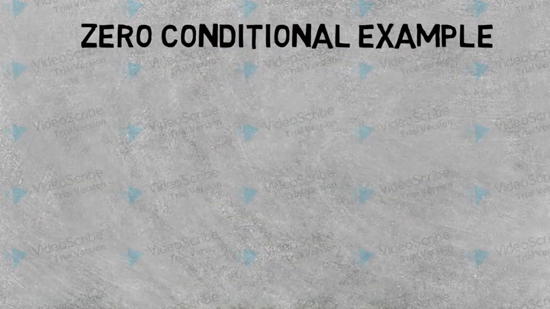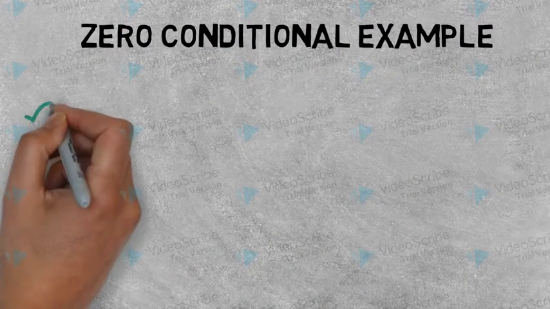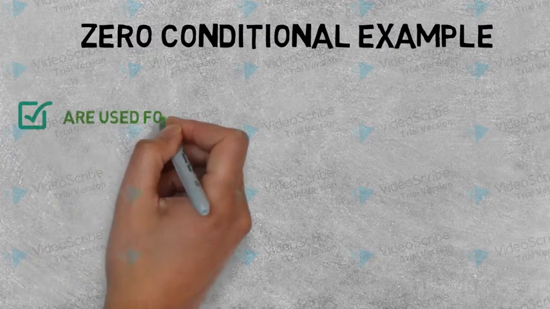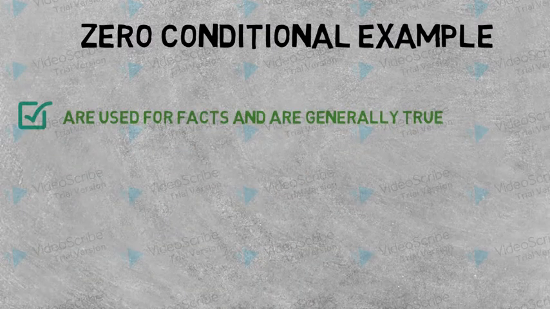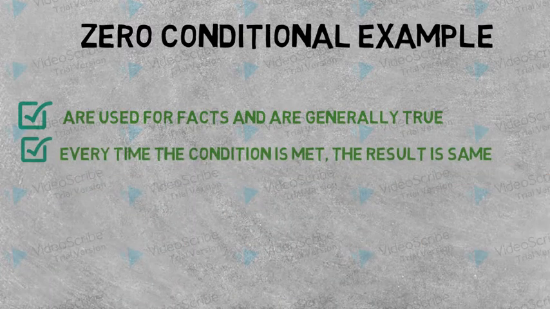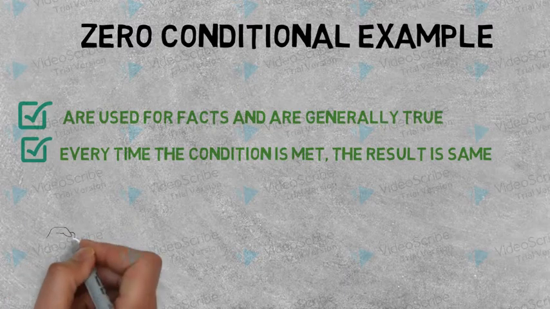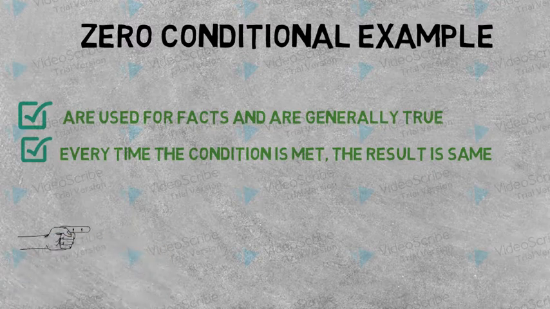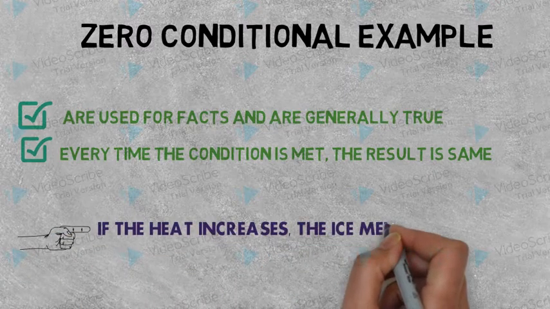Zero conditional clause is used for facts which are generally true, or in other words, we can say it is used when the result will generally always happen. For example, if the heat increases, the ice melts.